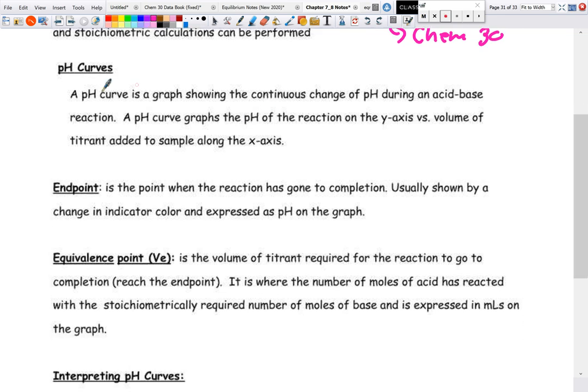The reason why it's called a pH curve or a titration curve is because, as you're going to see soon, the graph curves in a way. This is just a graph showing the continuous change in pH during an acid-base titration. So a pH curve graphs the pH of the reaction on the y-axis and the volume of the titrant added on the x-axis.